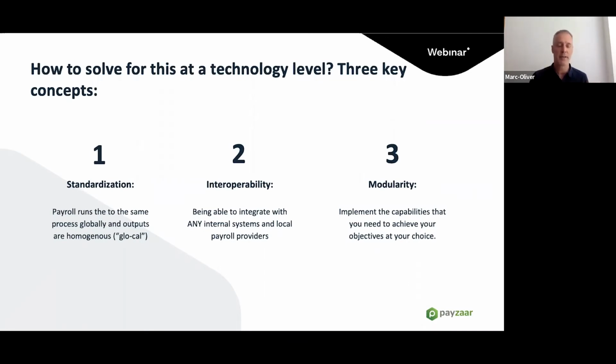So the first step we look at is how can we help to standardize that tangle that we looked at, everyone running processes somewhat differently, having different data structures. And this is where technology can be tremendously helpful.